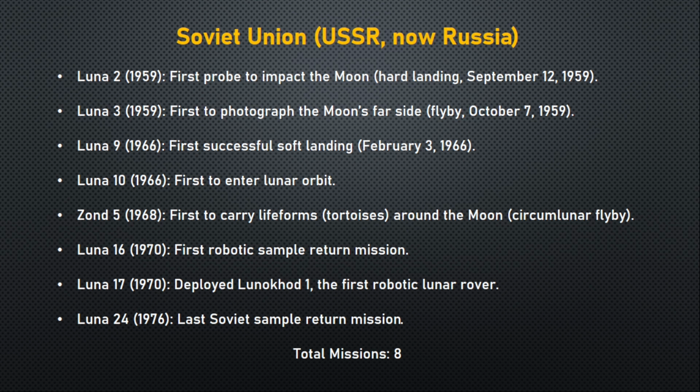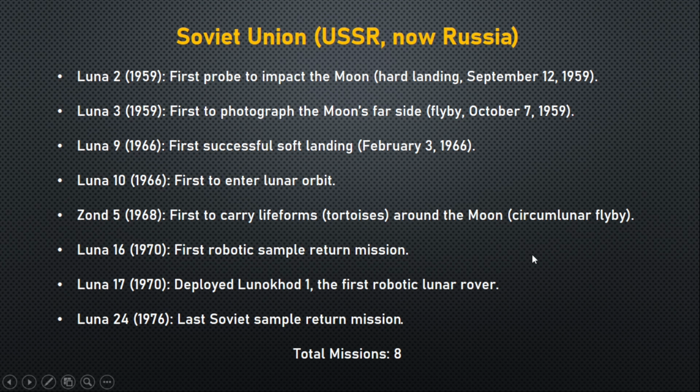Luna 16 in 1970, the first robotic sample return mission. Luna 17, 1970 again, deployed the first robotic lunar rover. In 1976, that was their last mission before the fall of the Soviet Union. In total, they had 8 lunar missions.